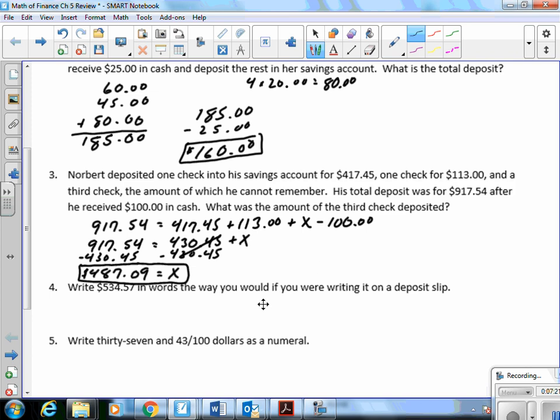All right, number 4, write $534.57 in words the way you would if you were writing it on a deposit slip. So just really converting that dollar amount into words. So 534 and 57 $100s.